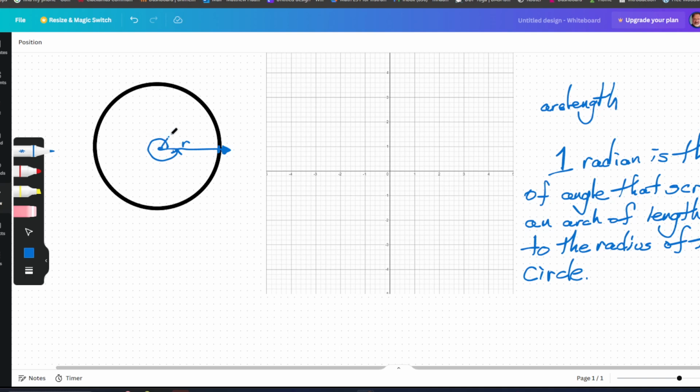And remember, we said 1 radian made this arc length s, 2 radians made this length s, and that s would be twice whatever the radius is, because it's 2 radians.